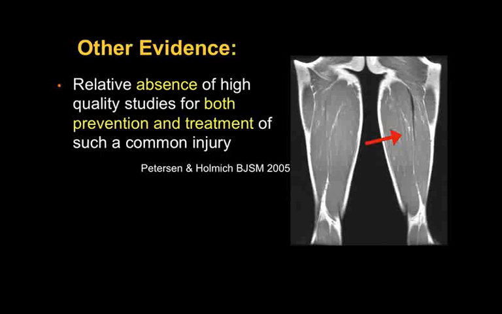Other evidence in the literature shows a relative absence of high-quality studies for both prevention and treatment for such a common injury as hamstrings. It may reflect that this is an important issue in terms of cost in sport and missing sport time as well as in the general population, but it may also reflect that there's a complex nature to this.